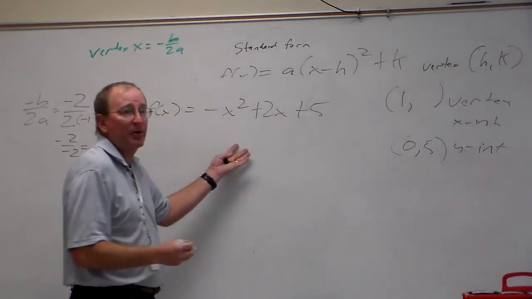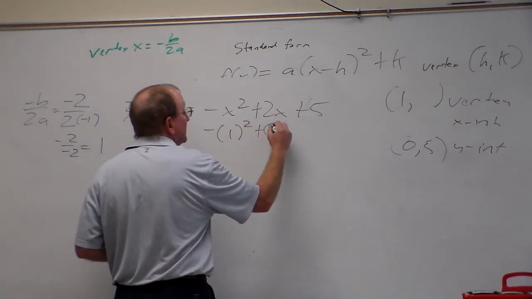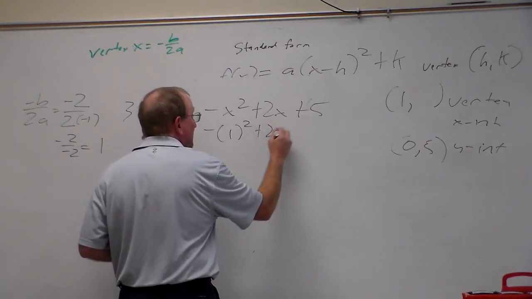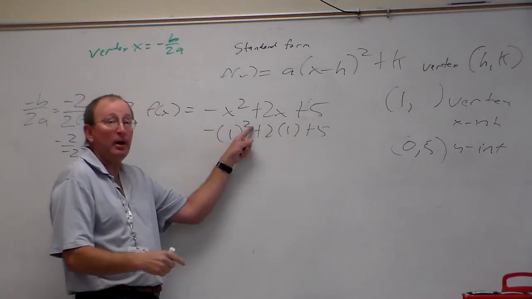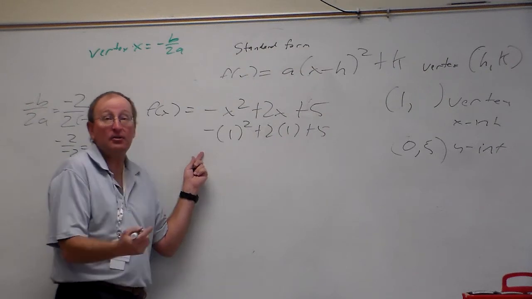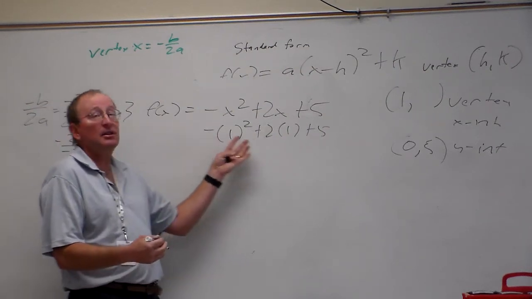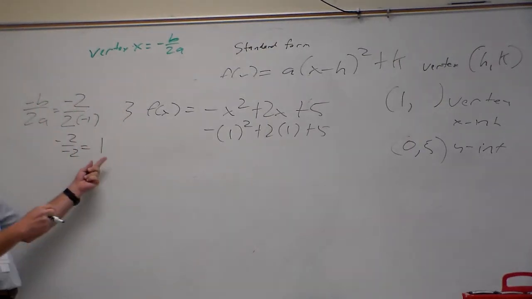Well, the easiest way to find the vertex would be to just plug it in. Now, this means take 1 squared and make it negative. If you're going to go to your calculator, you can type everything exactly the way it is, except where the x is, make a parentheses and plug in this value.